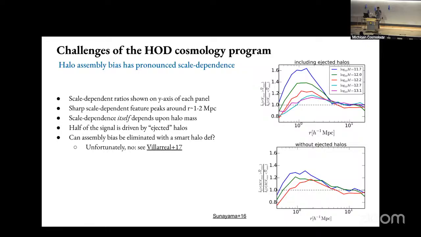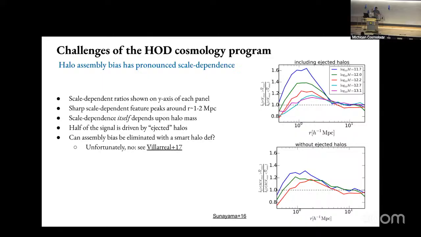So what you're looking at in this figure is not just large scale halo bias, but the scale dependence of halo assembly bias. If you compute the two-point correlation function as a function of scale of old halos versus young halos, or high Vmax halos versus low Vmax halos at the same mass, then there's a pronounced scale dependence that peaks around 1 to 2 megaparsecs in the 1 to 2 halo transition regime.